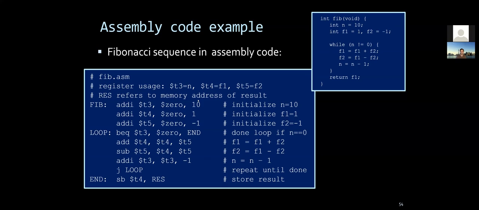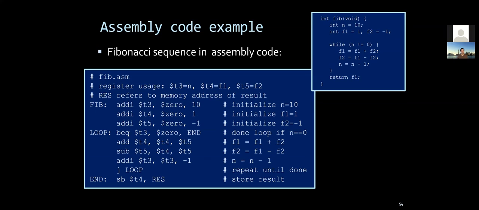This is done as a separate module, so we don't need to return it correctly. You just jump to the end of the loop and that's it. Just store the results here. We don't really follow any complicated conventions here yet, but you see this is how we set up the constants, 10, 1, and -1. And then this is the loop, right?